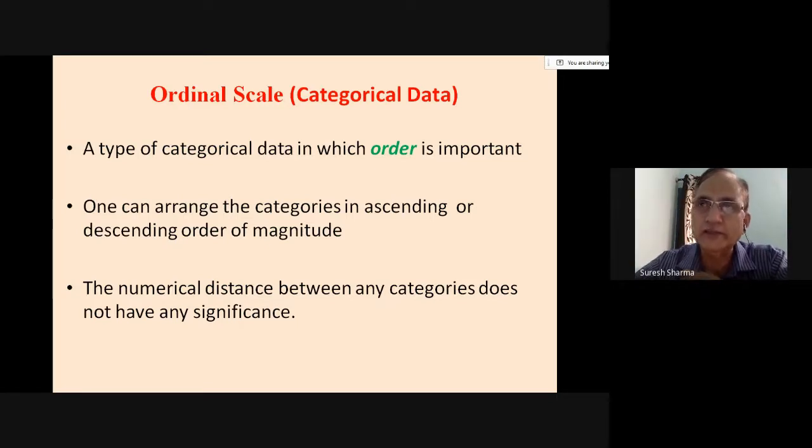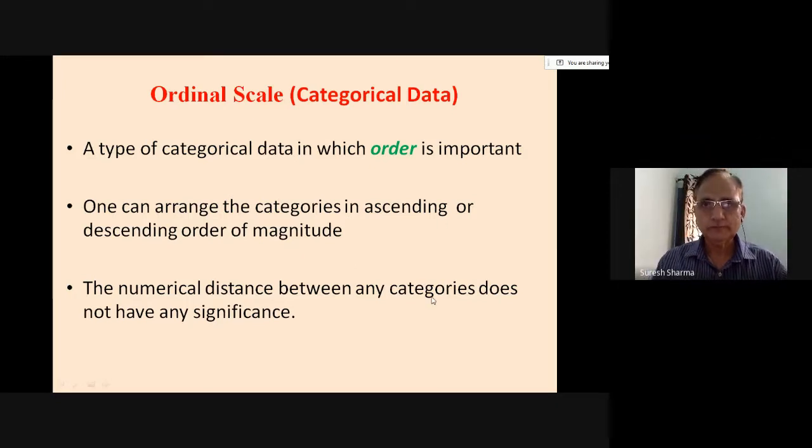Similarly, if I am looking at education categories, education category means primary school, middle school, high school, graduate, postgraduate. So all these categories can be arranged in order from the lowest to the highest. So that's the difference between nominal and ordinal. So one can arrange the categories either in ascending or descending order of magnitude.